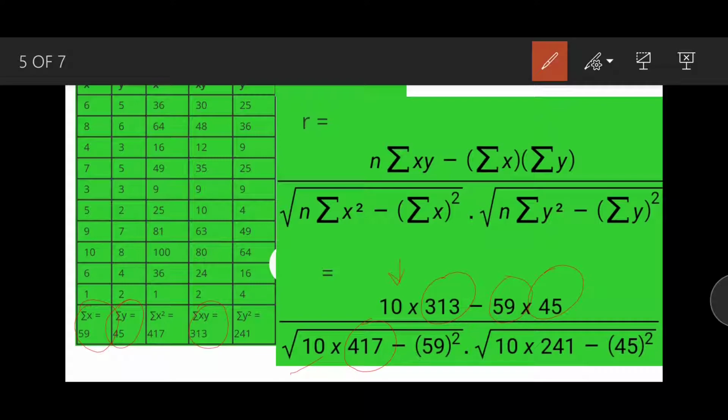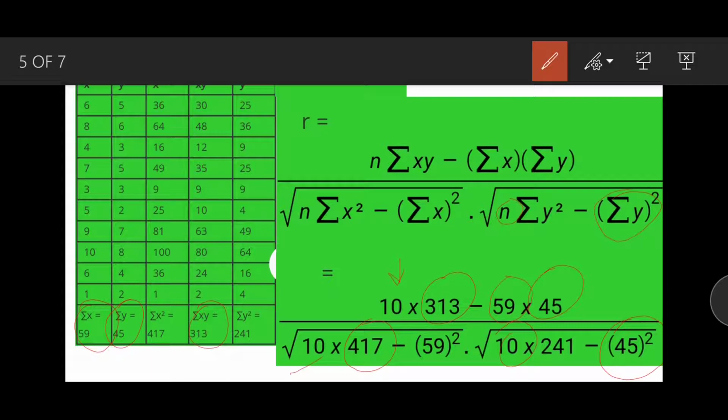Everything else is on the table there. Summation of x, then squared, that's 59 squared. Then we have n as my 10 here, and summation y squared, everything is at the bottom of the table. Summation y squared is 241, and summation y, which is lastly given as 45, squared.